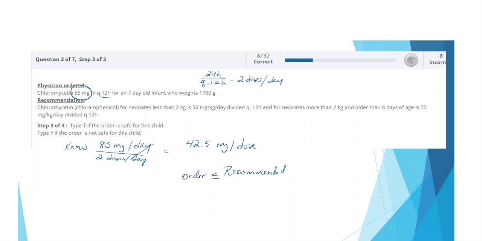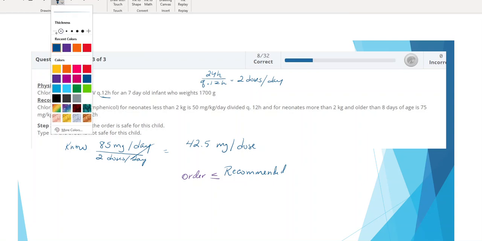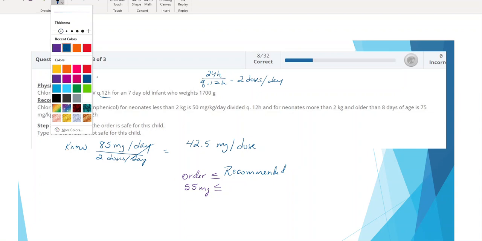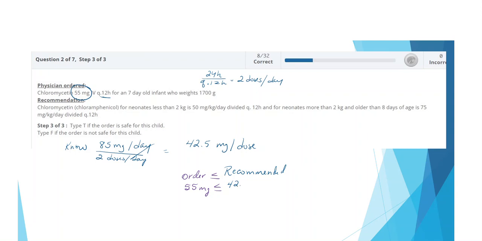So in this case, my order is 55 milligrams. And my recommended, that's what we just found, our recommended was 42.5 milligrams. Is 55 less than 42? No. So this is false. So the ordered dose is not safe.